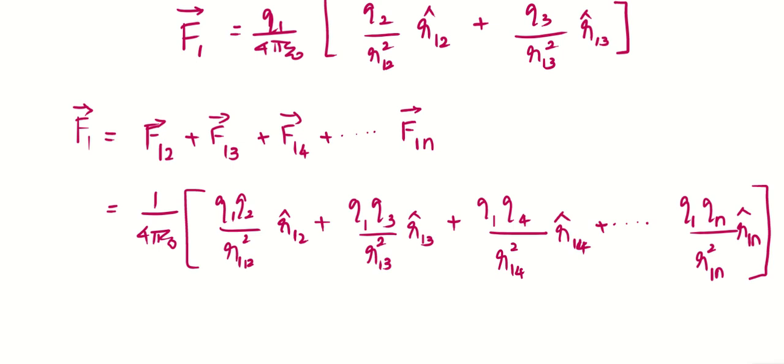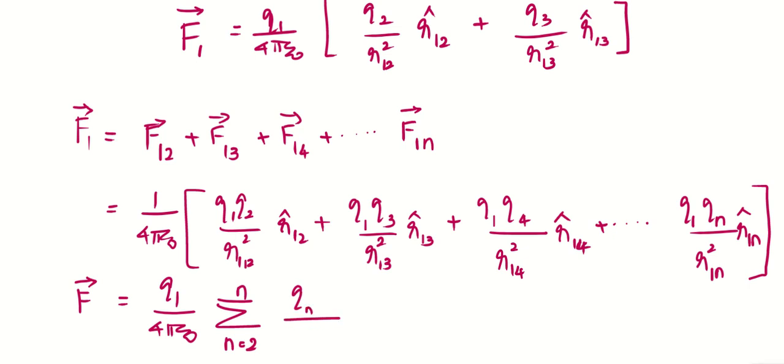This entire thing can be written as F1 vector equals Q1 divided by 4 pi epsilon naught, sum over i runs from 2 to n, Qi divided by R1i squared R1i cap.